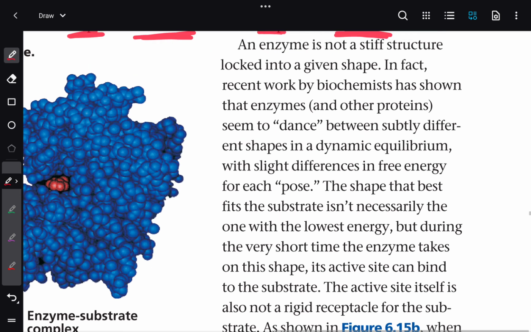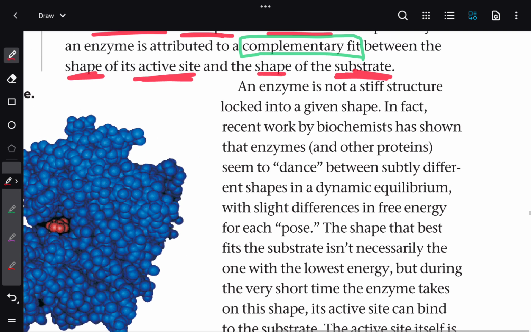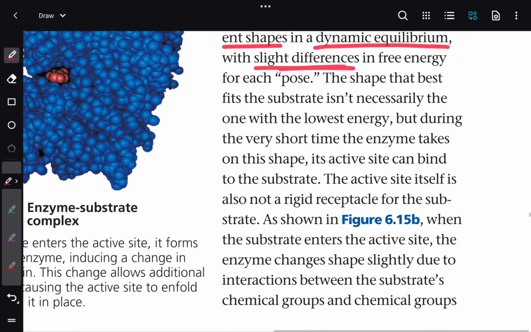Now, an enzyme is not a stiff structure locked in a given shape. In fact, recent work by biochemists has shown that enzymes and other proteins seem to dance between subtly different shapes in a dynamic equilibrium, with slight differences in free energy for each pause.